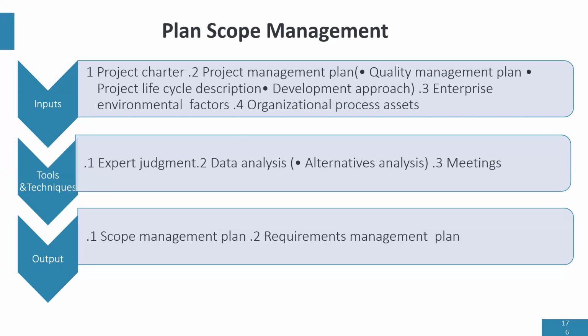And yesterday, we got to developmental approach, right? Developmental approach is important because this is where we determine whether we are going to go with agile or waterfall. Now, if your project is waterfall, you are going to end up with a work breakdown structure.